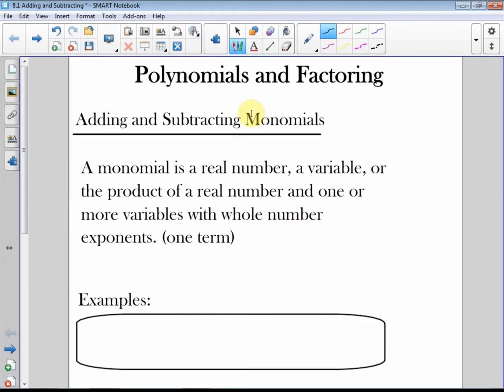Some examples of monomials can include just a constant, for example, the number 8. We have variables as monomials, so let's say x. We can have monomials that contain exponents, so negative 4x squared.